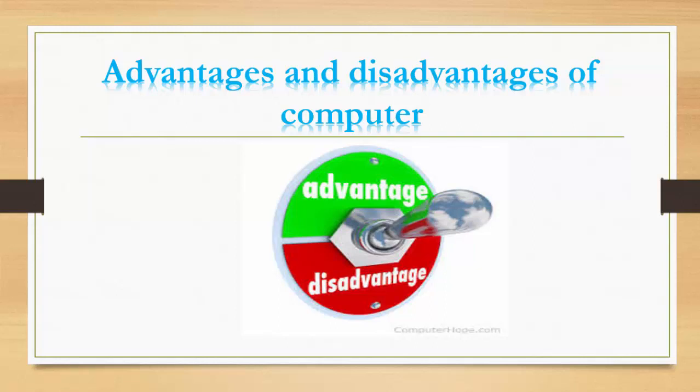We can say a computer is a versatile machine because it's very flexible in performing its jobs. But computers have several important advantages and disadvantages that we will discuss in the slides below.